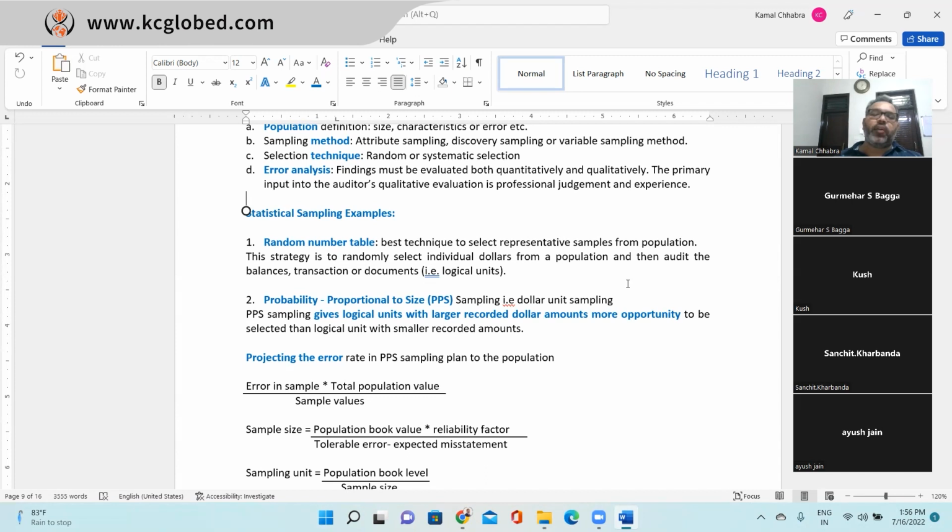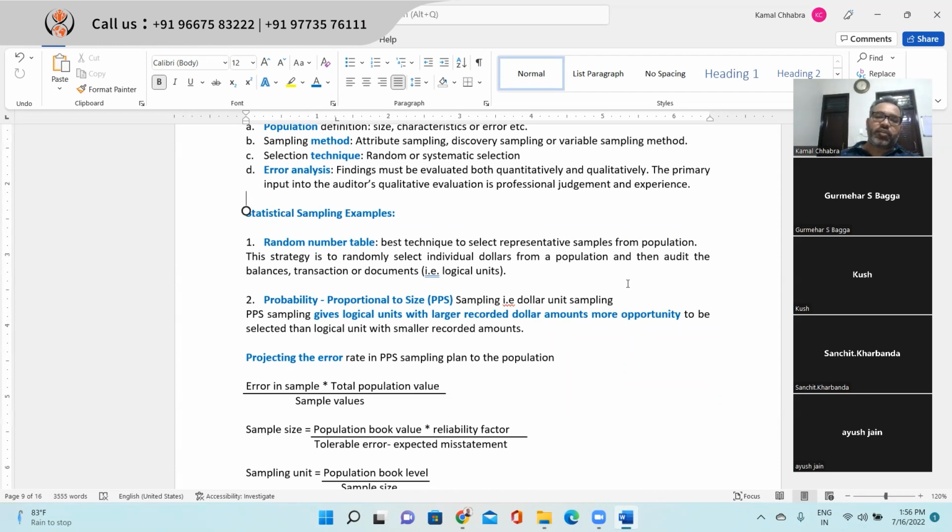But majorly all the CPA firms use random number tables to identify the population and select the specific items they want to extend. This is actually the best technique to select the representative sample from the population.